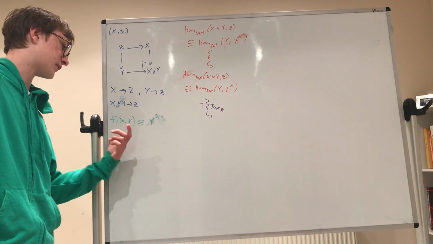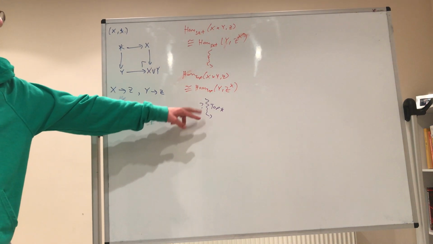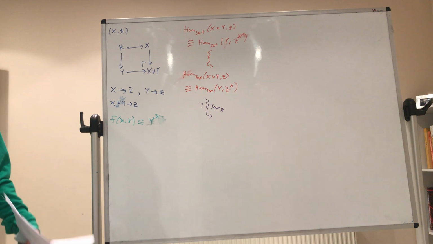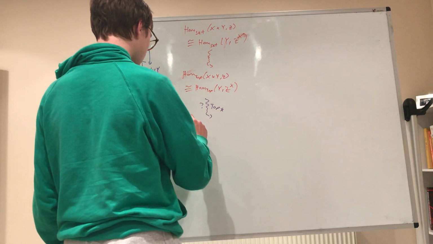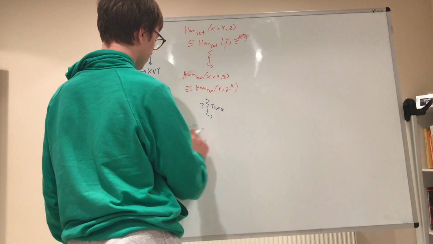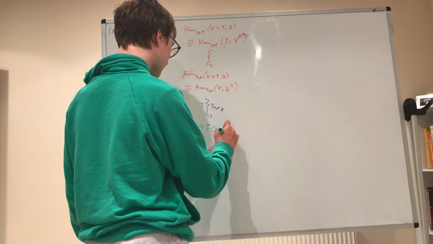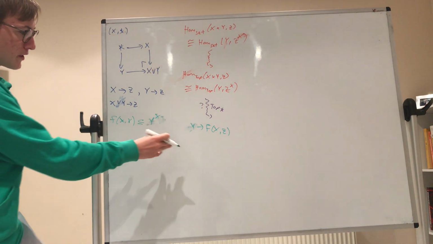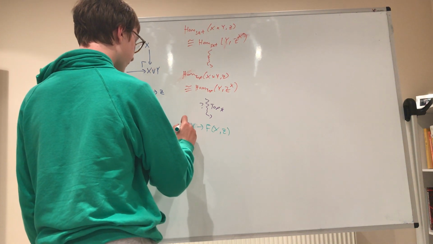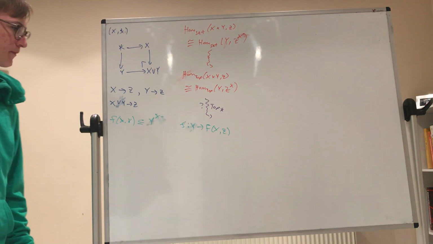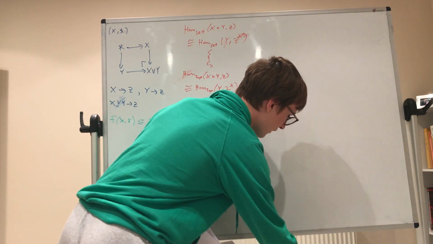So it's a space of based functions. And what we want is for all of our maps from Y to F of X, Z, so let's say we have a function f between Y and F of X, Z, to be based. Now, for this adjunction to be true, remember that all of our maps must be based.